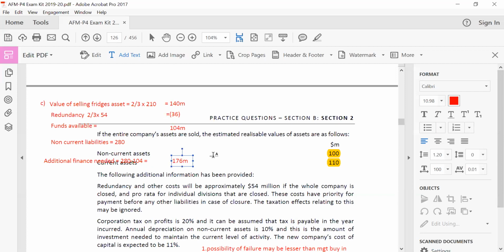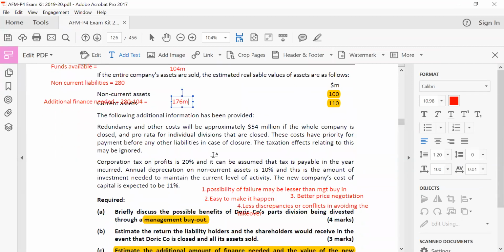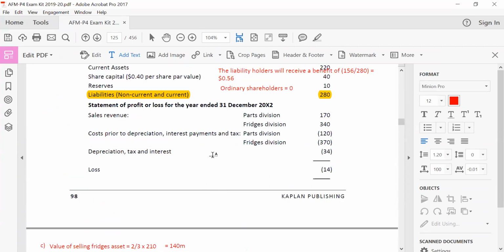Because you only have 104, and the non-current liabilities are 280, you couldn't even pay the 280. So the remaining you couldn't get, go and search for this additional finance. Then let me take you to where that information was in the case of the proposal.